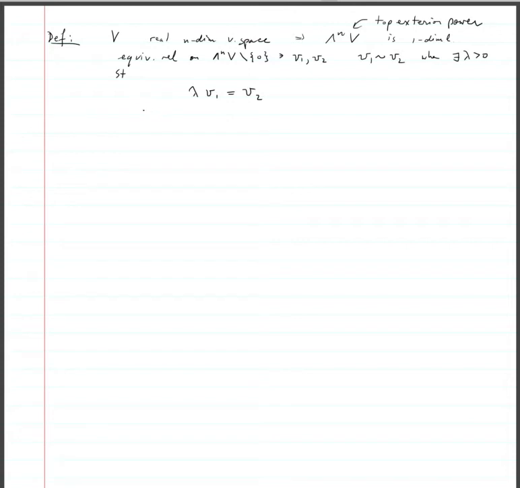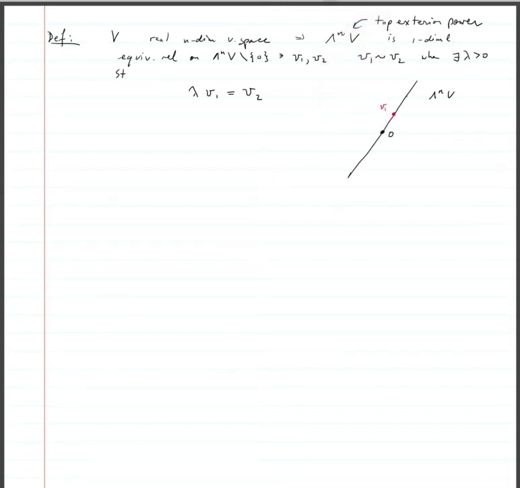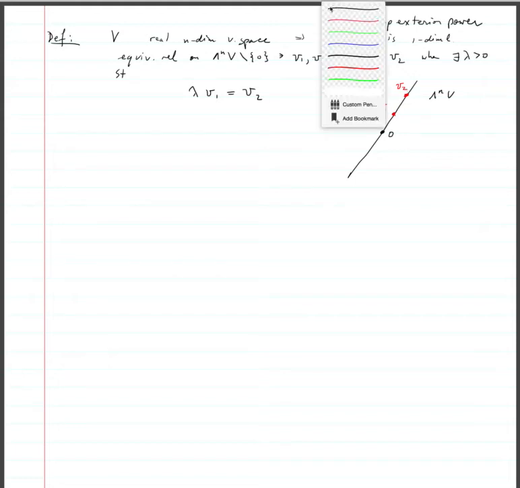Okay. Then you could draw it like this. You could say that this is the determinant of V, the top power of V. And I'll just indicate that V1 and V2 are equivalent because you can just multiply V1 by 2 and you'll get from V1 to V2, right?